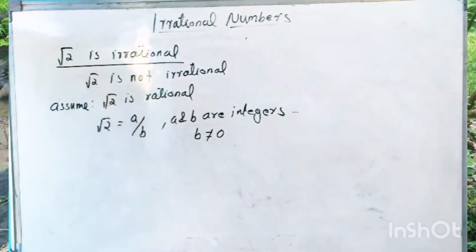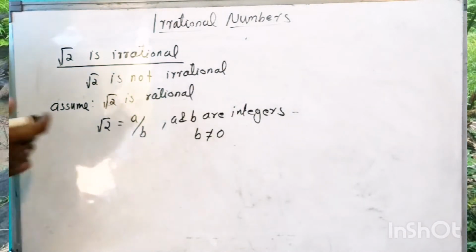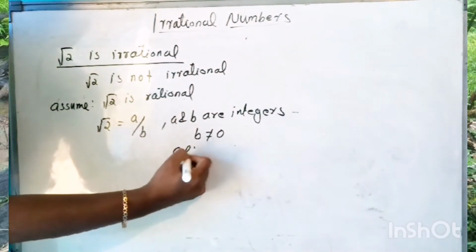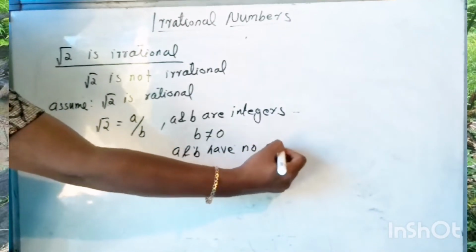Along with this, we will assume that A and B have no common factor other than 1.